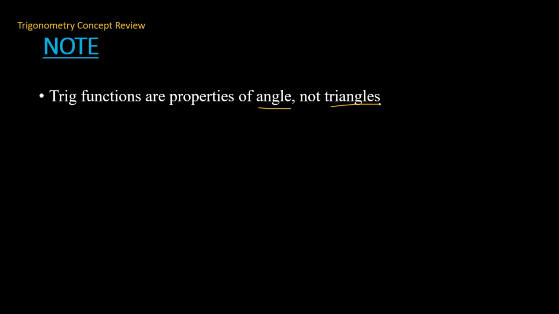It doesn't mean that because we have used a right-angled triangle for this example, we are talking about triangles. It is angles that we are talking about. So the properties of the trigonometric functions are about angles.